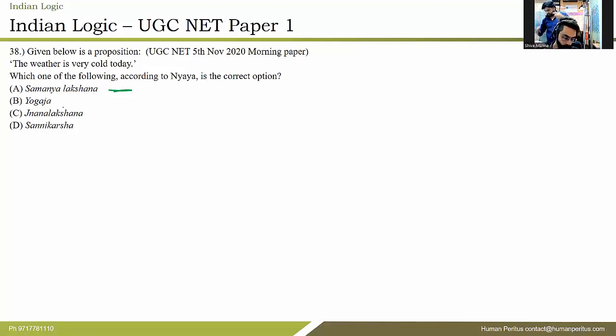Okay. Yogaja talks about perceptions that belong to yogis who have studied a lot, who have done meditation and moved from the basic plane of life. Janana Lakshana is based upon the past, and Sanikarsha is based upon sensory organs.